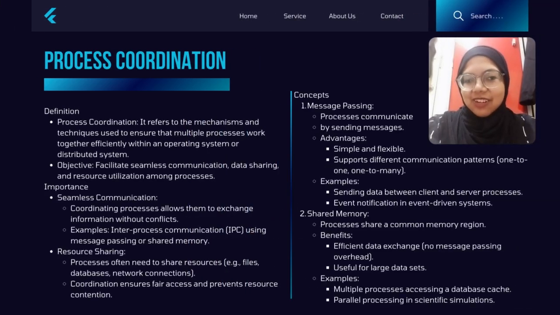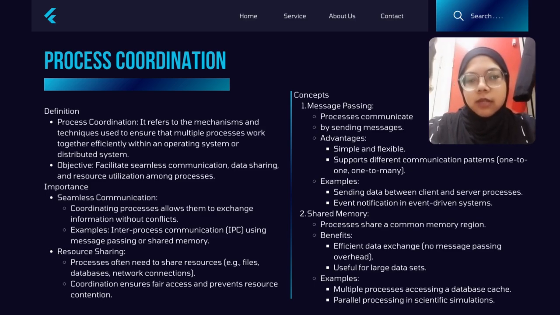Next is our main topic, which is process coordination. Process coordination is to ensure that multiple processes within an operating system or a distributed environment work together efficiently. It facilitates seamless communication, resource sharing, and prevents conflicts. There are a few key concepts that you need to know in process coordination.